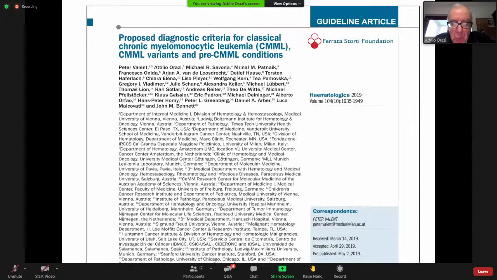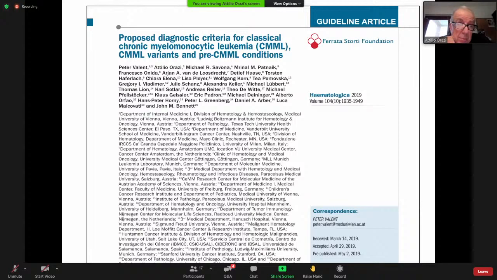Okay, so if you want to read about these variants, there is this paper in Haematologica, published in 2018 by Peter Valent, University of Vienna, who put together a large international group, which included me also, and I think Dan Arber also was included. You can probably recognize quite a few of the names.